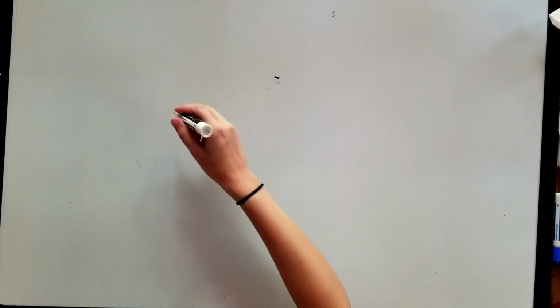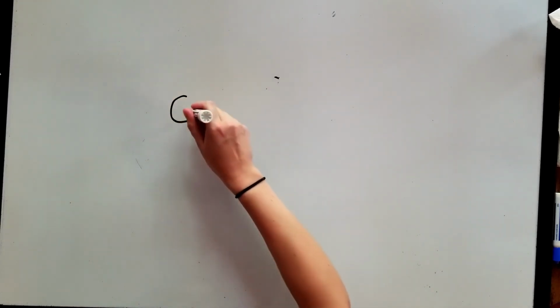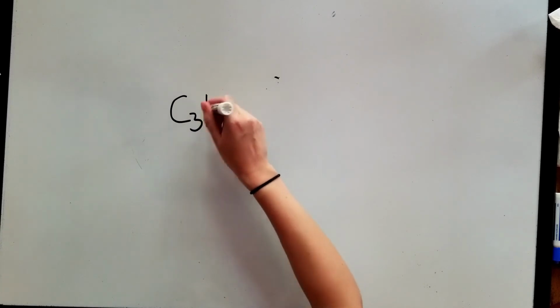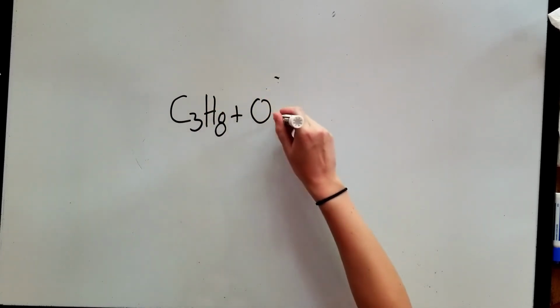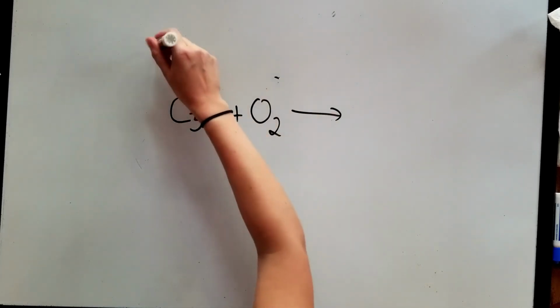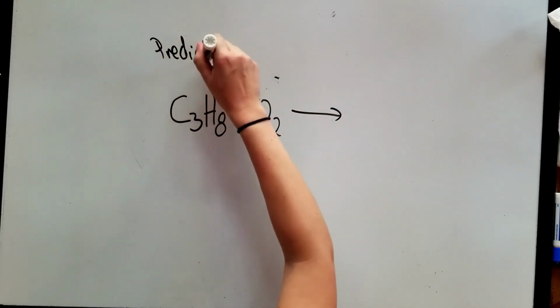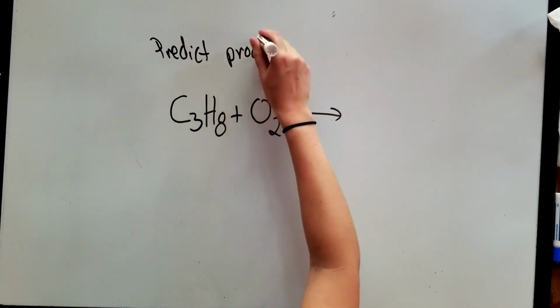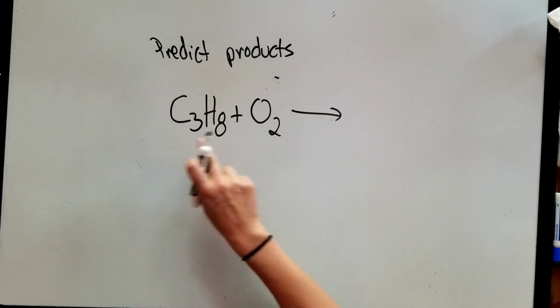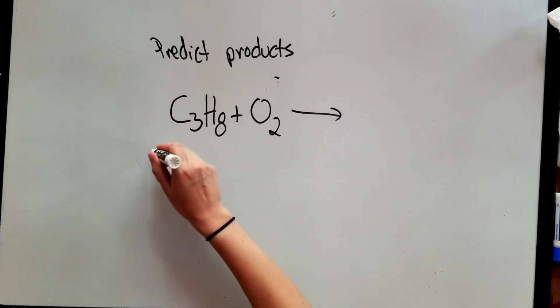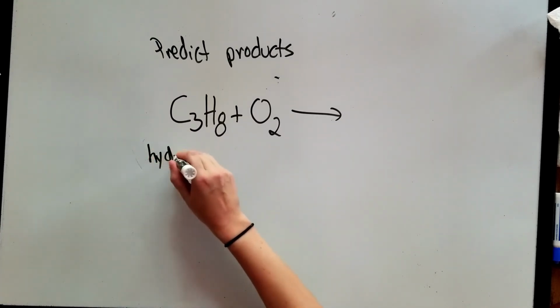Before I leave you today, let's look at one more type of reaction that oftentimes you'll be asked to predict. It's a very common reaction. So for this one, predict products. So C3H8, what that is a hydrocarbon.